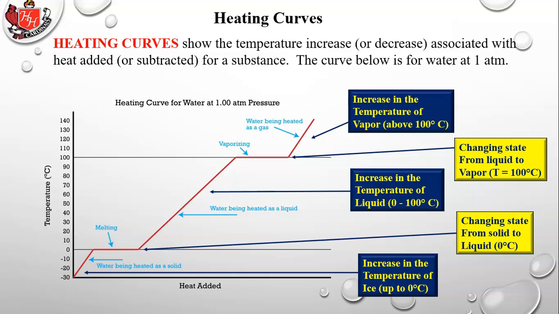You could call it steam if it's boiling, but in general, it's vapor. And that happens at 100 degrees. Finally, the sloped line up at the top is once all of the water has turned into steam or vapor, it can continue to increase its temperature at that point. And so it can increase above 100 degrees, and there it's doing that as steam or water vapor.